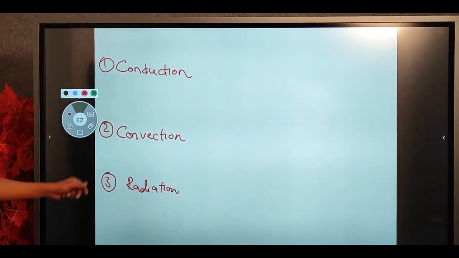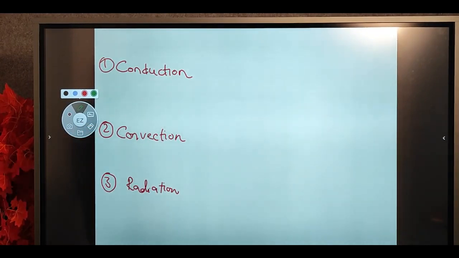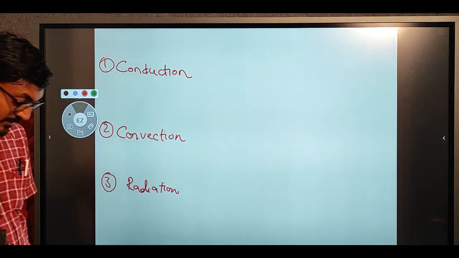So the heat transfer takes place via these three modes: conduction, convection, radiation. Now we will see one by one how the heat transfer is taking place in each mode and what is the mechanism involved in each mode.